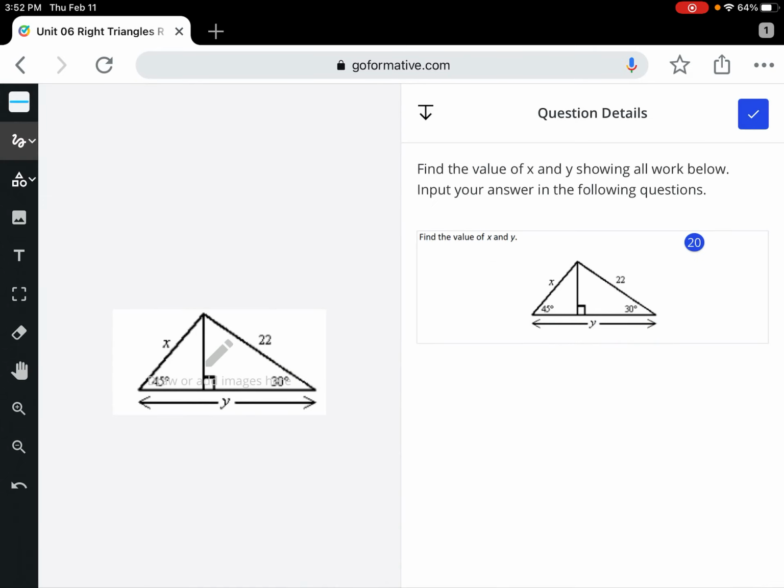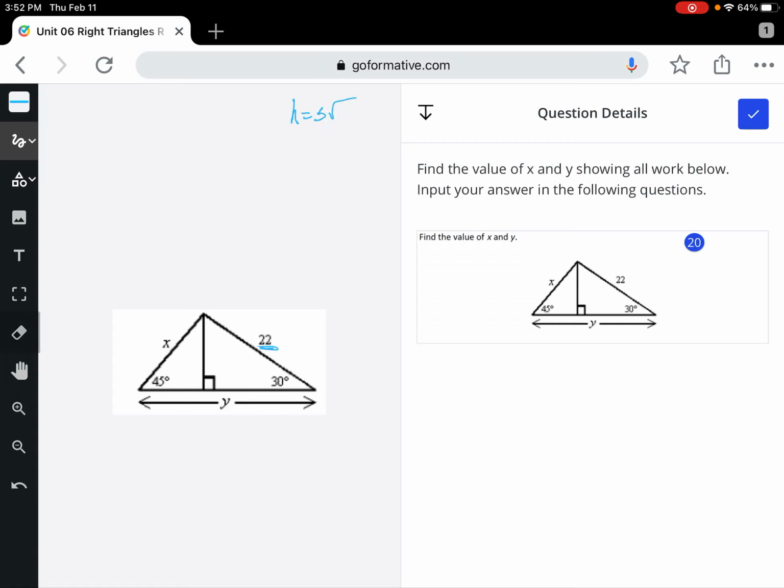Okay, so for the next one, you're finding x and y. Looking at this here, y is going to be a little bit more complicated, but we still need a part. So we know the hypotenuse of a 30, 60, 90. What do I know about the hypotenuse?